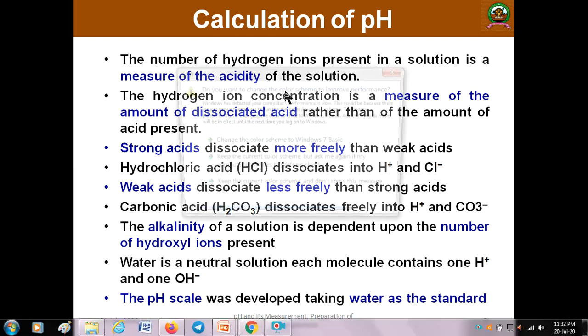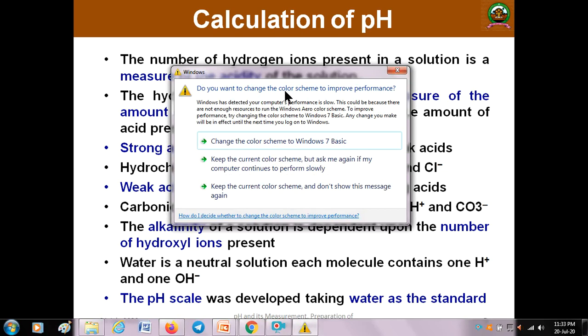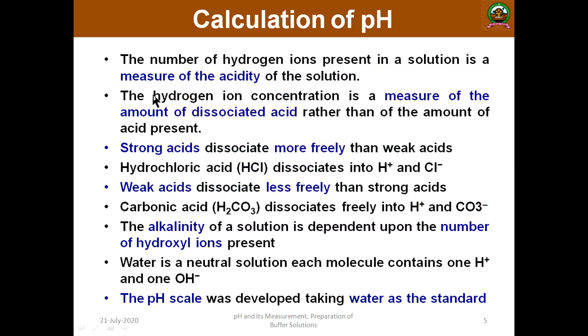That is a measure of H plus ion, the measure of the acidity of the solution. Then the hydrogen ion concentration is a measure of the amount of dissociated acid, rather than the amount of acid.